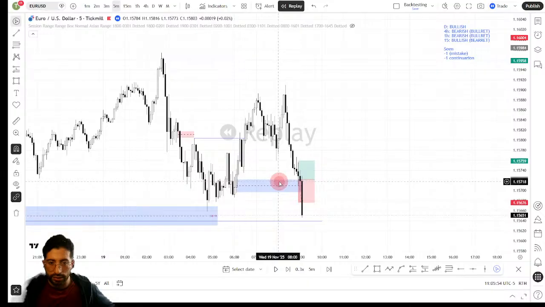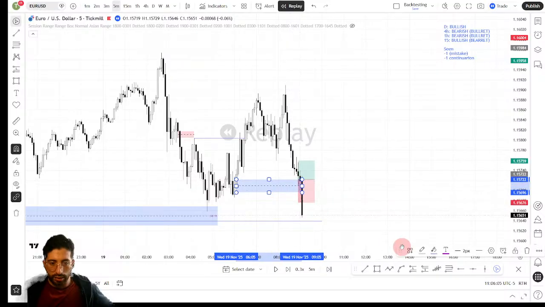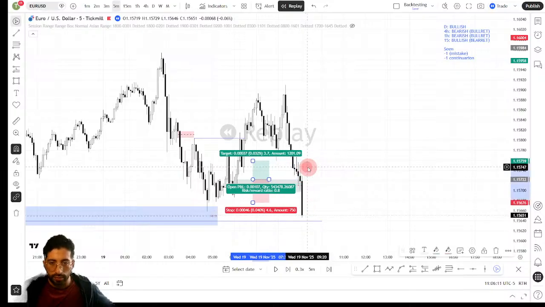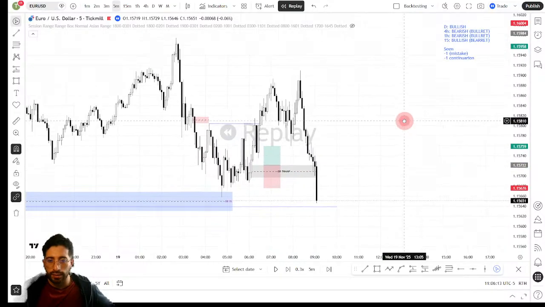But look at the next. We now got a confirmation to see if we can get a possibility against the price. Okay, this is in our double clamp. Fine. 5 minutes.